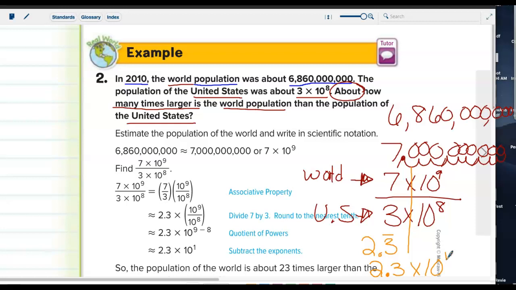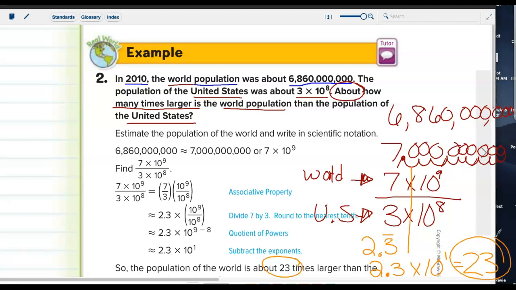If I wanted to actually solve it out, which is what the book did, I would take 2.3 times 10, and you get 23. So that's how the book got the final answer as about 23 times larger. Questions on that one?